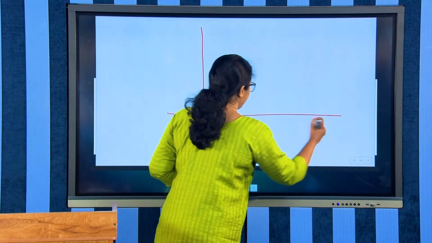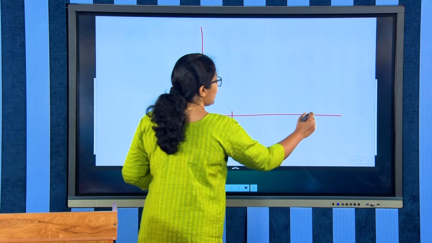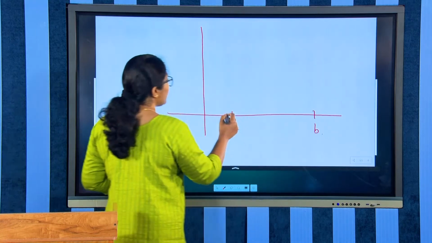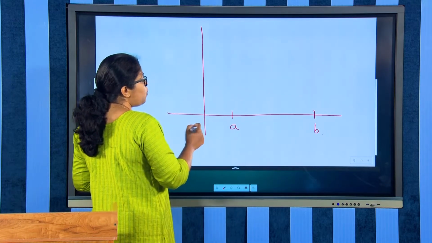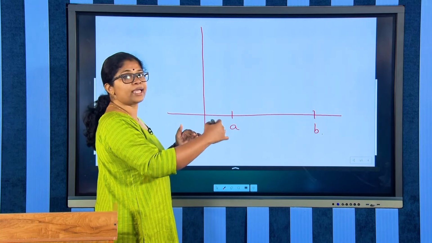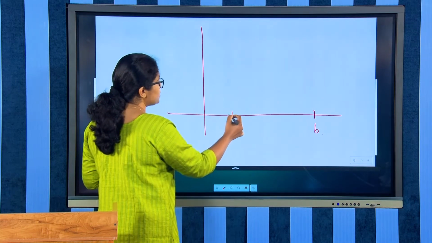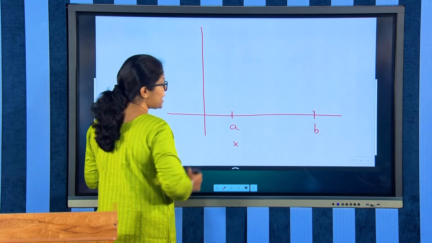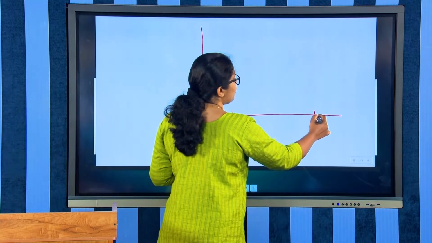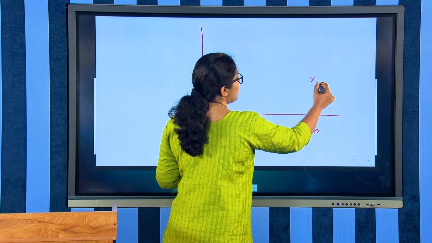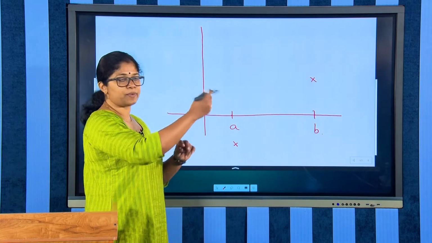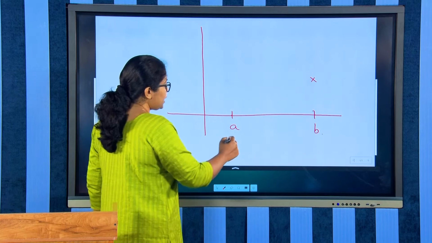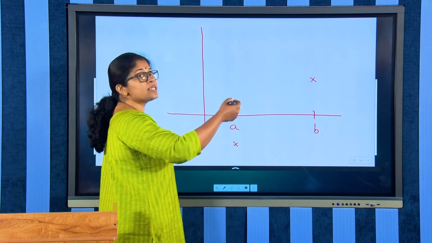So, that is the importance of this theorem, and geometrically we can look at this as follows. We are given an interval AB where f of A and f of B are such that one is less than 0 and the other is greater than 0. That means f of A, the image corresponding to A, lies below the x axis and f of B lies above the x axis, or vice versa, and also the function is continuous.